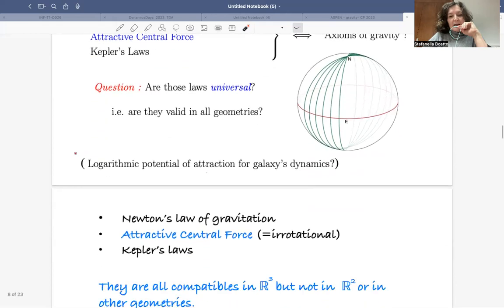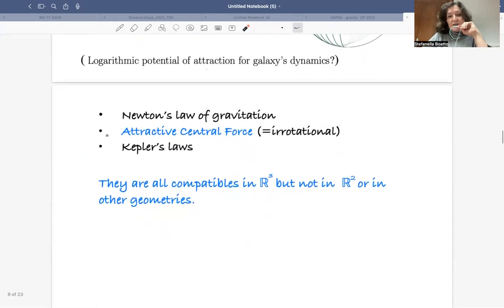So really, already if we go to the plane, the three are not compatible and we have to make a choice. Some people choose to use Kepler's law as a definition, and some other people, viewing our surface as embedded in R3, choose to project the potential onto the surface.